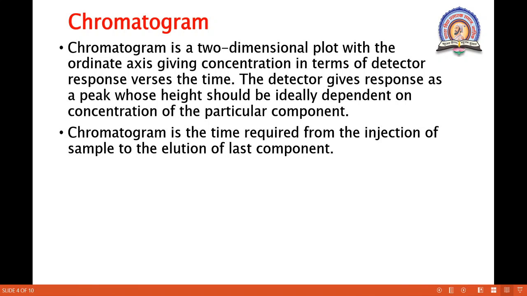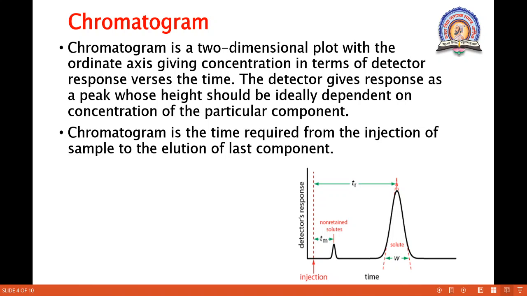In the previous lecture we discussed elution analysis. In that analysis we take one column and introduce the sample at the top of the column. That sample contains components A, B, C. There is an elution of component A first, then B and last C. The time required to elute that last component, that is C, from the column is nothing but the chromatogram.